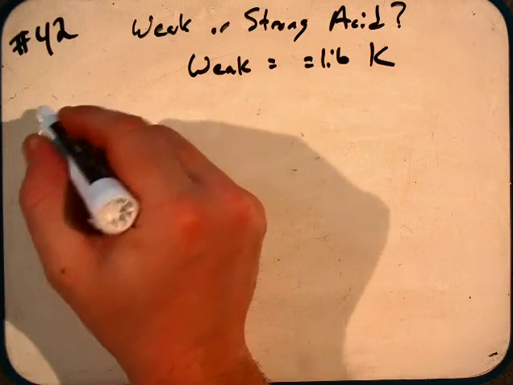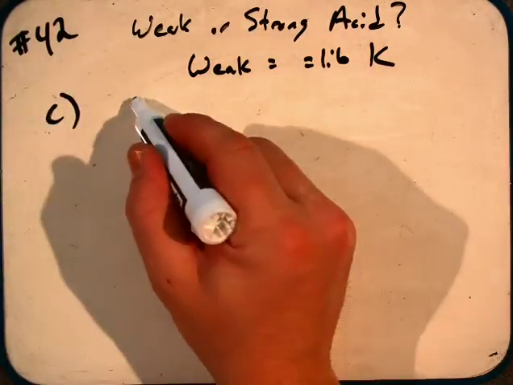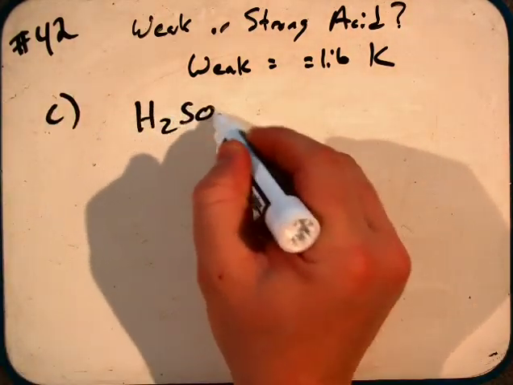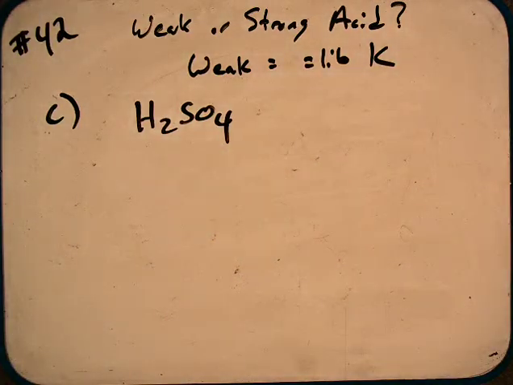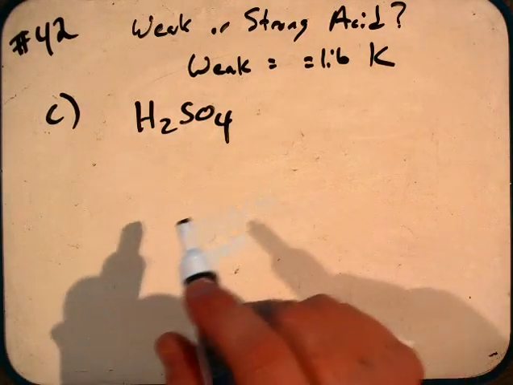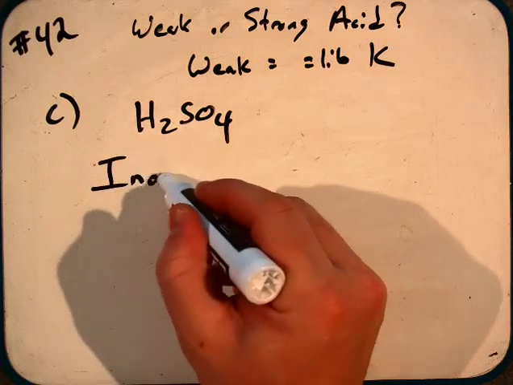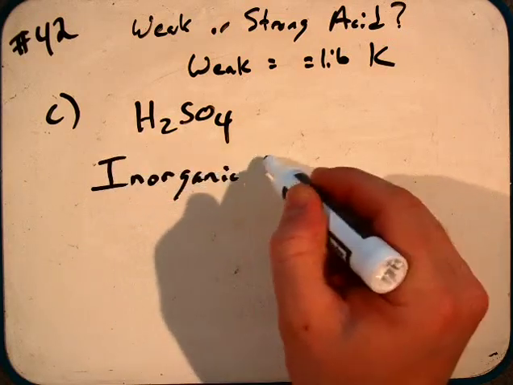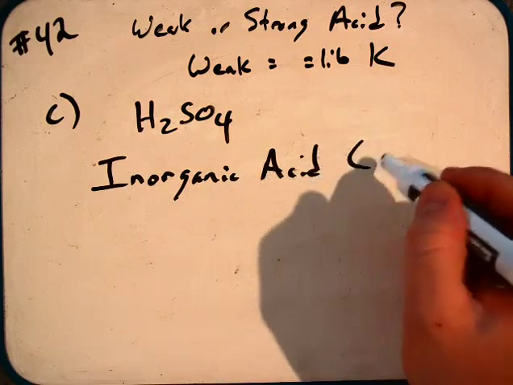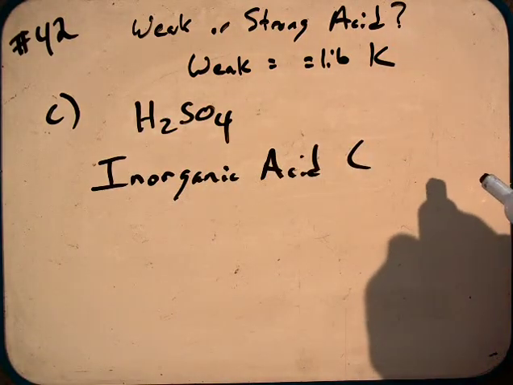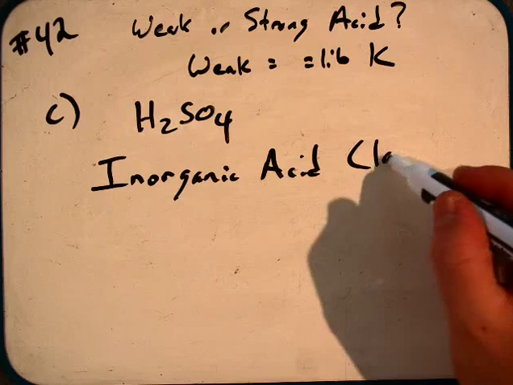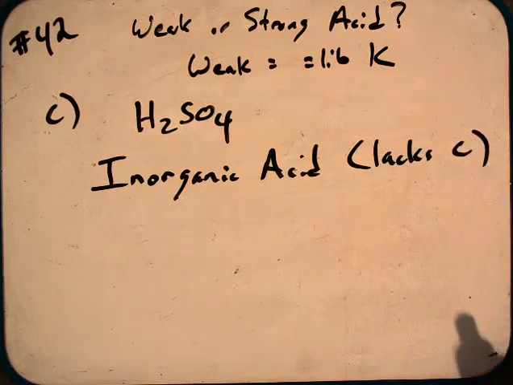Now let's look at part C. Part C looks at sulfuric acid. And sulfuric acid is an inorganic acid. Right? And since it is inorganic, it lacks carbon.